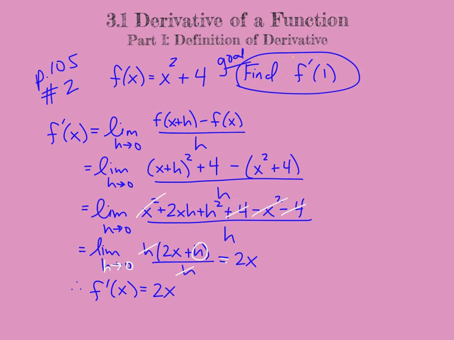That was our ultimate goal. So f prime of 1, we plug in 1, and we get a final answer of 2. So the derivative of f of x equals x squared plus 4 when x is 1 is 2. Generally, the derivative anywhere on that function is 2 times the x value.